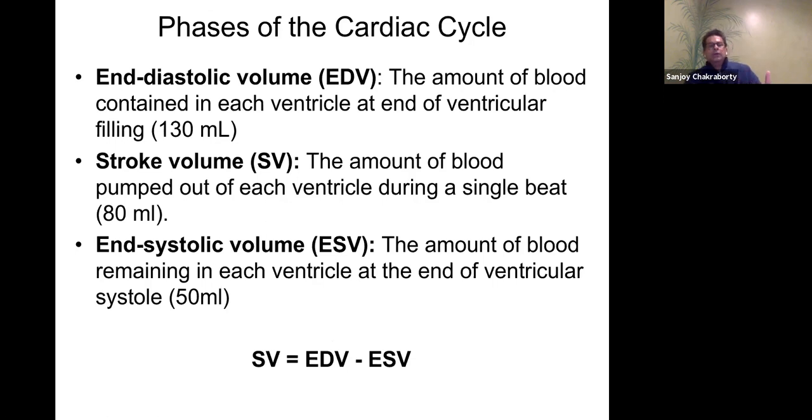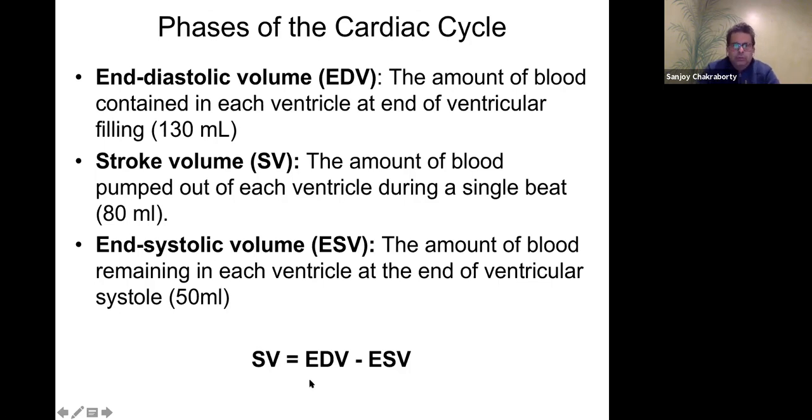So the next question is, what are the factors that control EDV and what are the factors that control ESV? Later on, you can go through the slide. EDV is controlled mainly by two factors, although there are other interrelated ones. One is called venous return, how much blood the veins are returning. And the other one is called preload, basically the same thing.